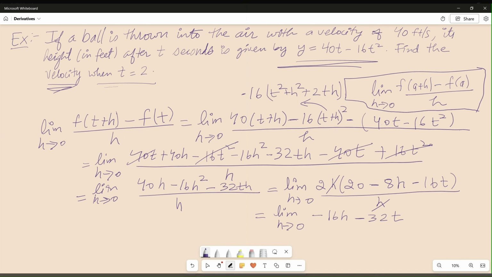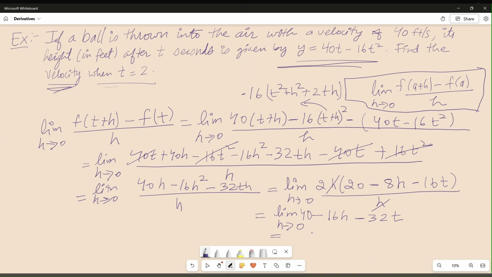We have 20 as well, right? 20 times 2 is 40, minus 2 times 8h is 16, negative 16h, and then 2 times negative 16t is negative 32t. Now we can apply the limit as h approaches 0.